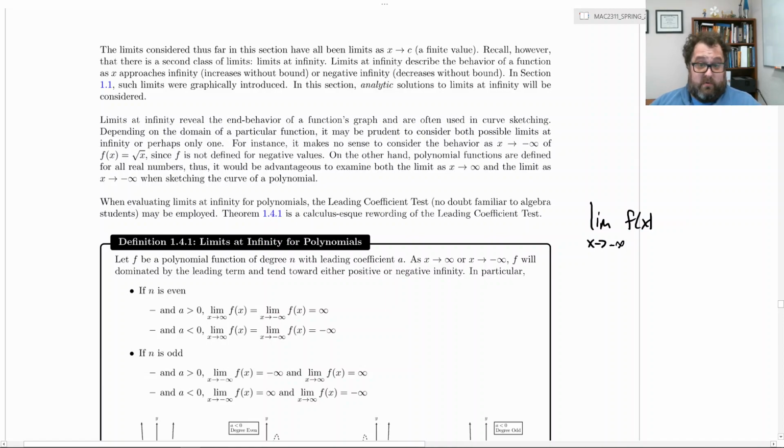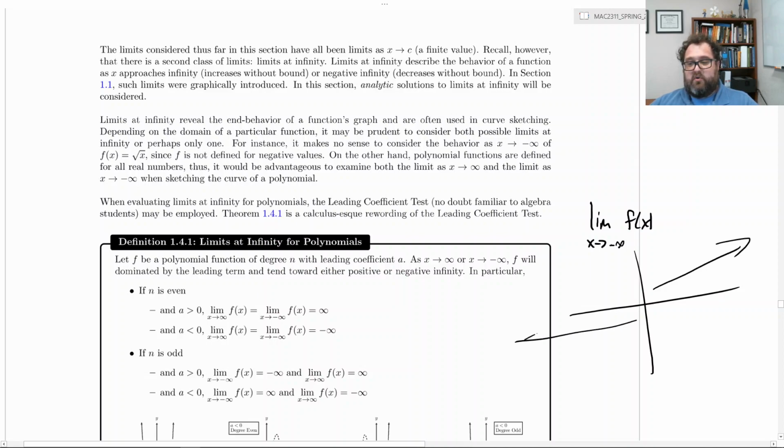By the way, the reason we talk about limits at infinity is because they're very useful in curve sketching. We will focus a lot on curve sketching in one of the future chapters, and when we do that, we want to figure out what the behavior of a function is really far out: what happens to the function way over there, and what happens way over there.